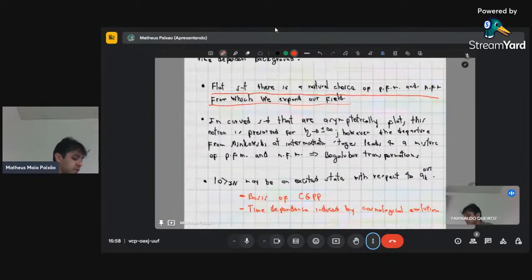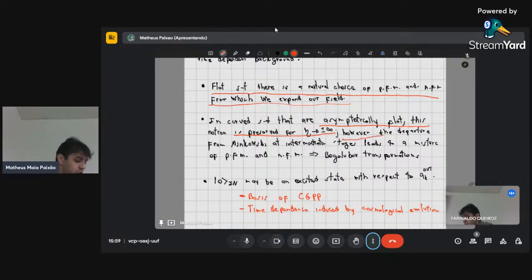But in curved space-times, this is not true. In the particular case of asymptotically flat space-times, the notion of positive and negative frequency modes is preserved in the limits of the conformal time going to minus and plus infinity.